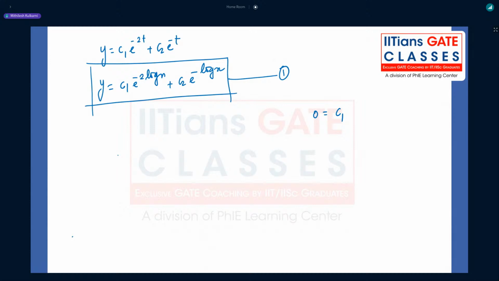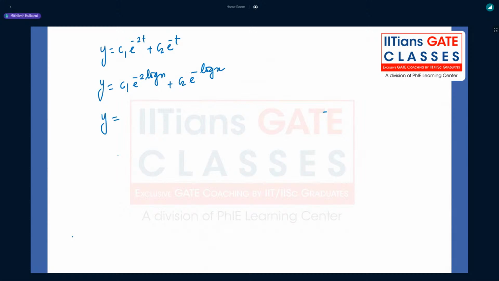So rather than this, we can simplify it further as well. Like I can write it as c1 e to the power log of x raised to the power minus 2, right? So we can directly write it as c1 by x square plus c2 by x. This also you can write.